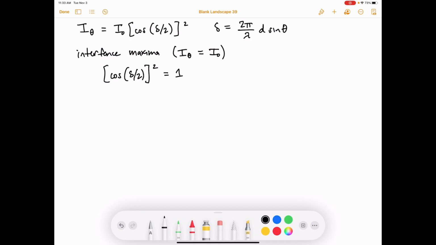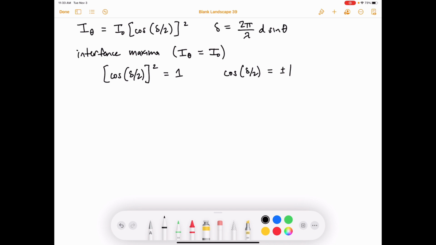If that's the case, then I theta is equal to I0. So we'll square root both sides to give us cosine delta over 2. Well, the square root of 1 is plus or minus 1. We have to account for both the positive and negative solutions here.